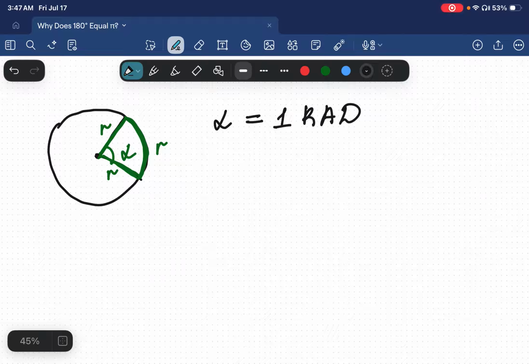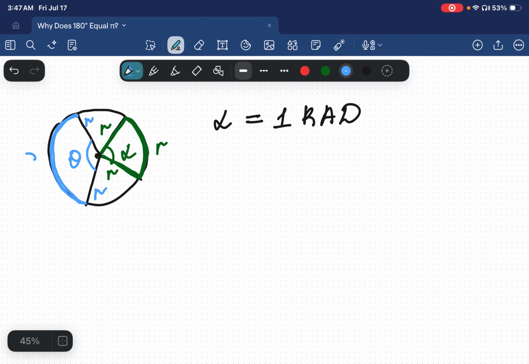Now let's open up another angle in the same circle. Let's call this angle theta. This is still r because the radius doesn't change. But the arc length no longer equals r. As you can see, it is larger.